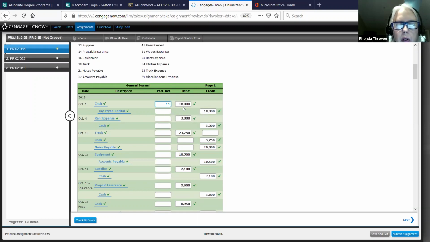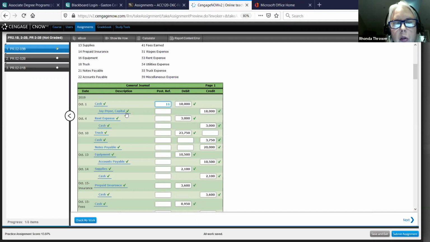We have posted this to the ledger. When we put this in the journal, we are showing that we are through posting. We're not through posting, but we're through posting this part of the transaction on October the 1st.